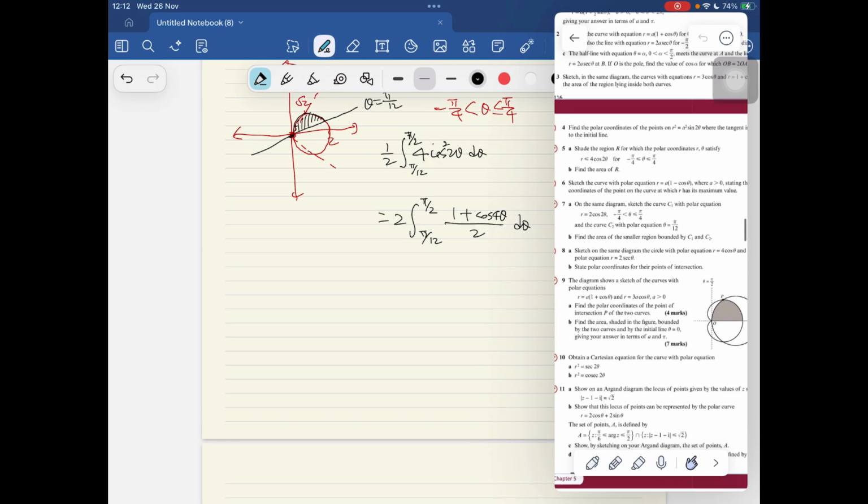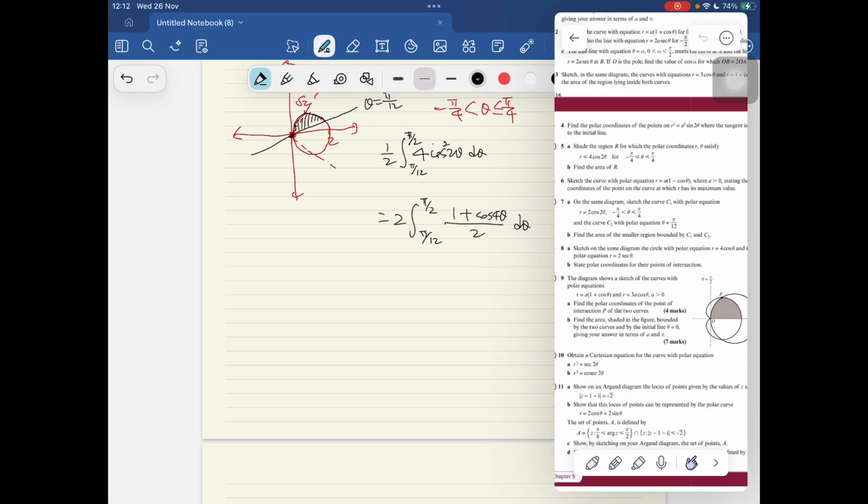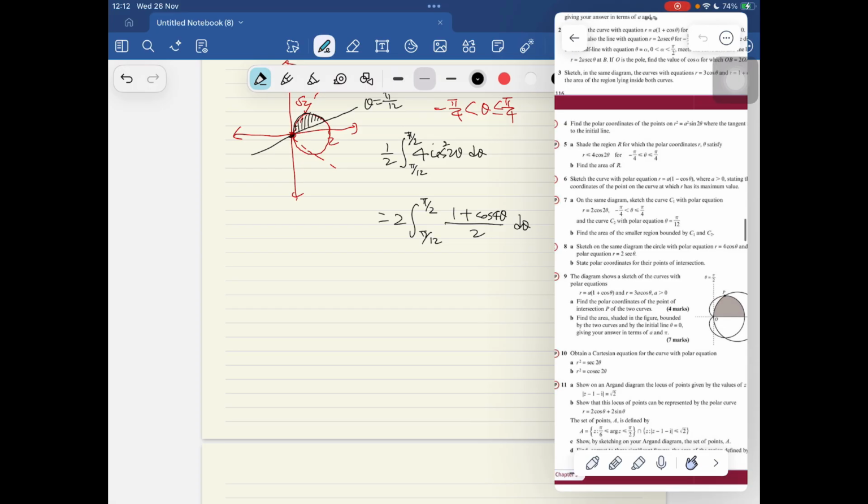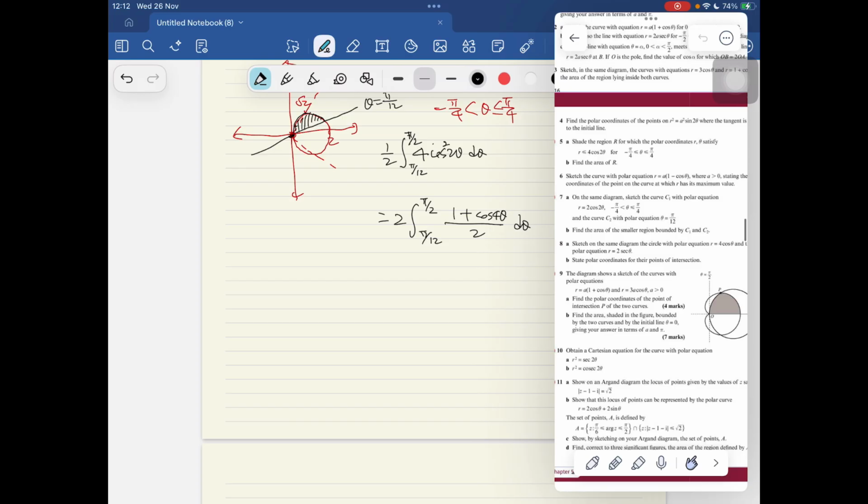Number 9, sorry. The diagram shows these two curves and find the polar coordinates of the points of intersection. Okay, so number 9, a times 1 plus cos theta is 3a cos theta. So 2 cos theta is 1, cos theta is 1 over 2.